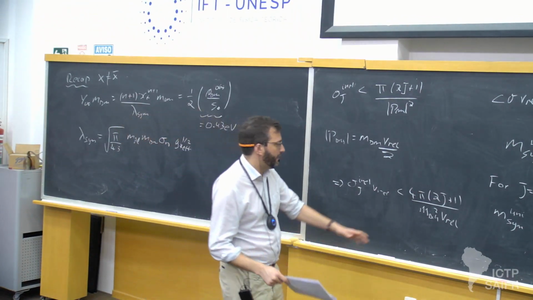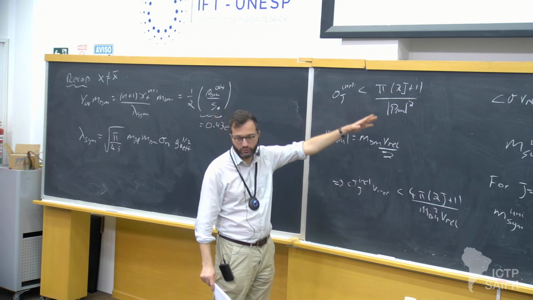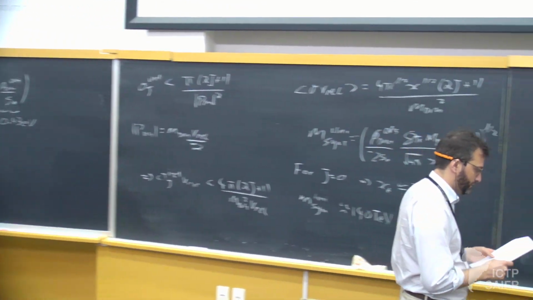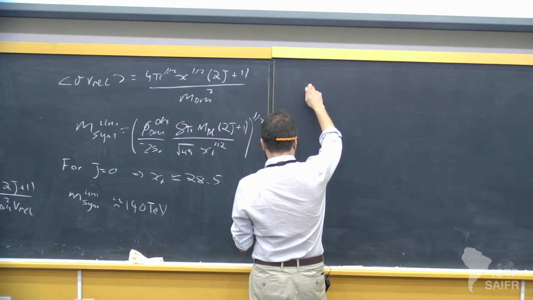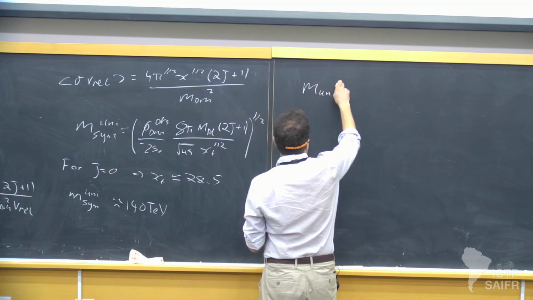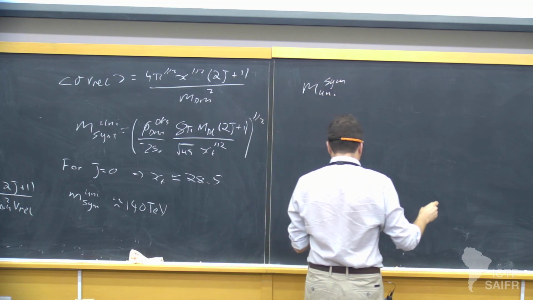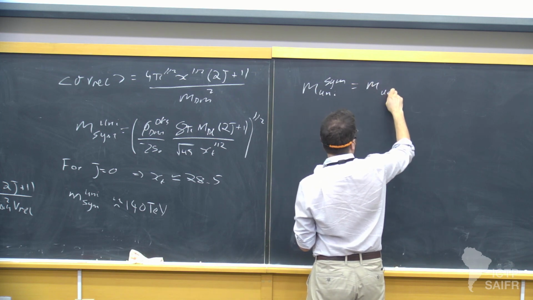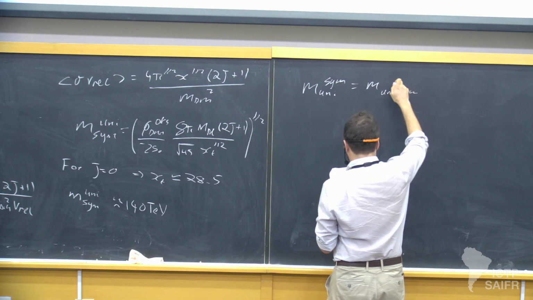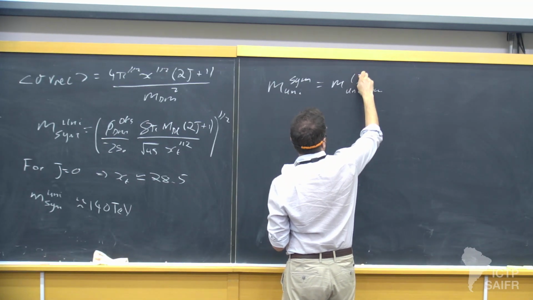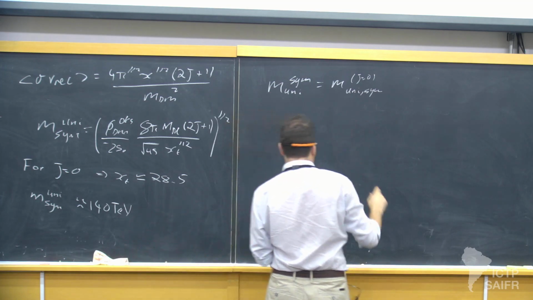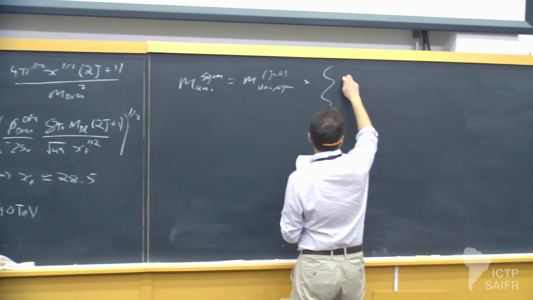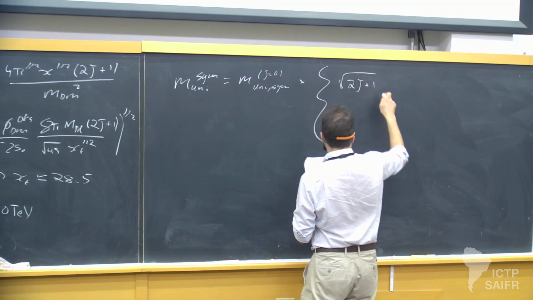Now you might ask, okay, but this is just the one partial wave, yeah? So in principle, multiple partial waves can sometimes contribute, yeah? So then we can write that M uni, the symmetric one, is the j equals 0, 1, which we just derived, this 140 TeV, times root 2j plus 1.